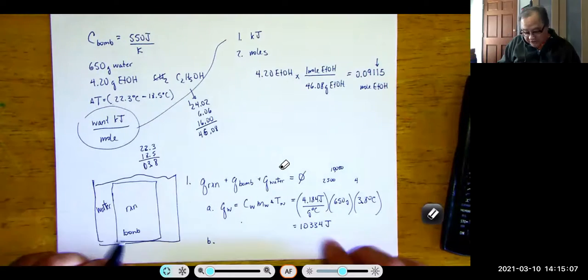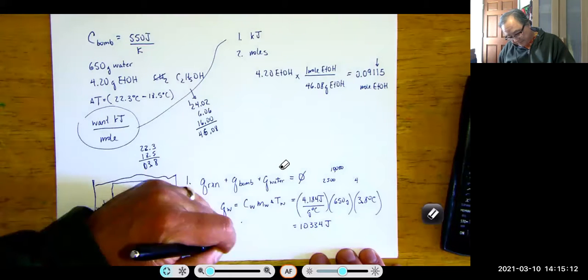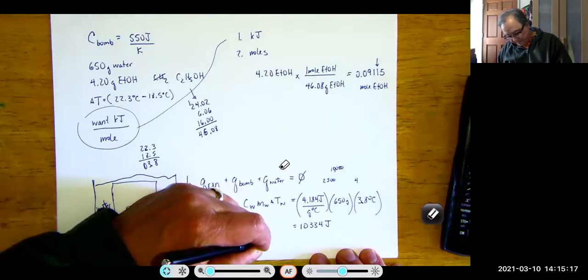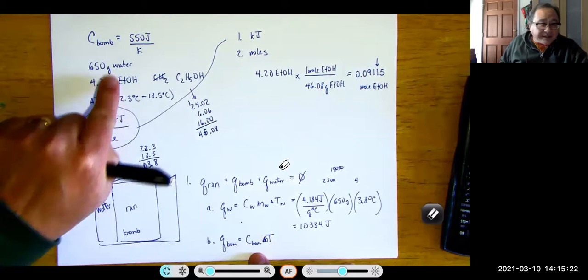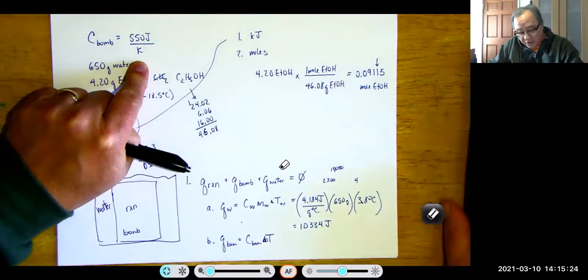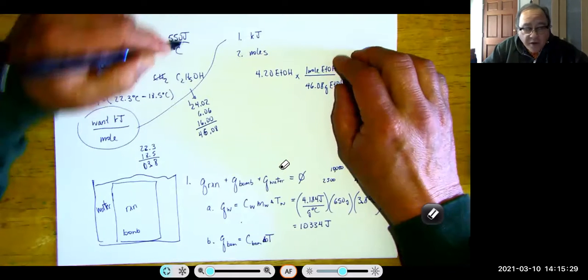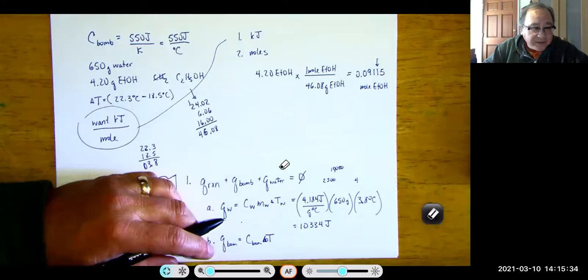Now calculating Q of the bomb is even easier. Take a look at the Q of the bomb. Do you see how that says 550 joules per K, which is the same as 550 joules per degree Celsius? If we want that to end up being joules, what do we have to multiply by? Do we have to multiply by mass? Would mass make that degree Celsius cancel?